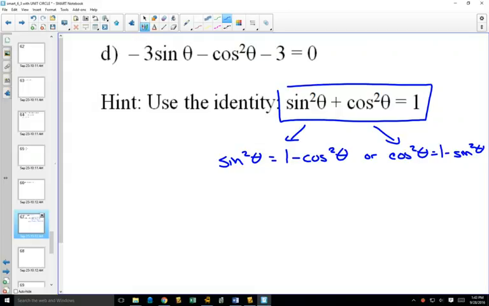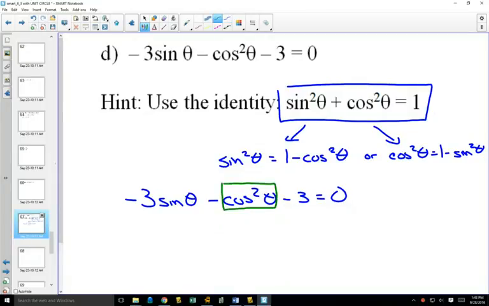What does that mean? Well, in our equation, we have negative 3 sine theta minus cos squared theta minus 3 equals 0. I can replace this cos squared with 1 minus sine squared. Because cos squared is equal to 1 minus sine squared, I can do a substitution.